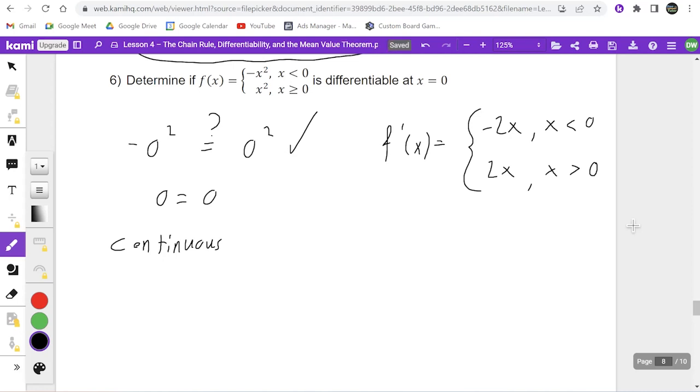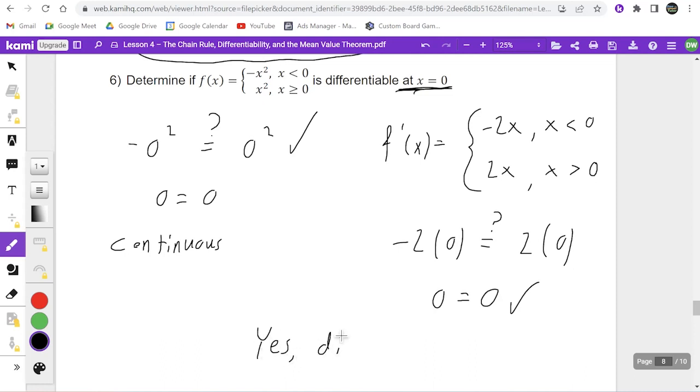The point is you got to plug in 0 for both of these functions, and then is it equal to each other? And why 0? Because I'm asking about 0, obviously. So what I'm saying is -2 times 0, does that equal the other function, 2 times 0? Well, again, 0 equals 0. Check mark. Yes, it is differentiable for that reason.